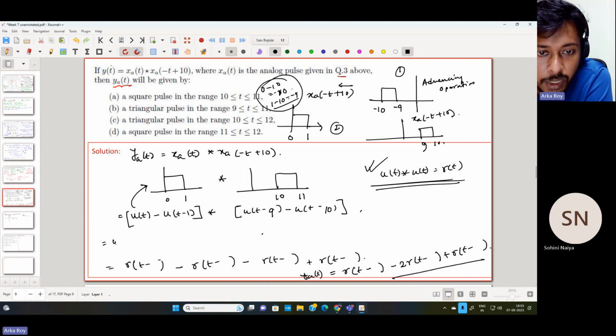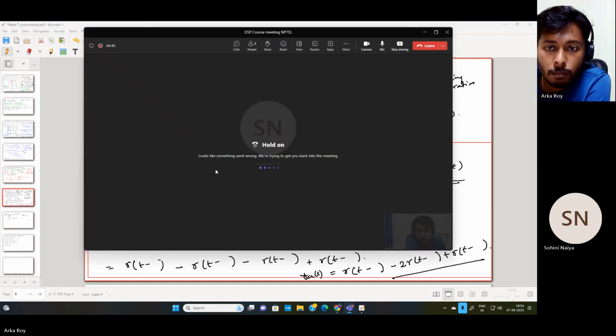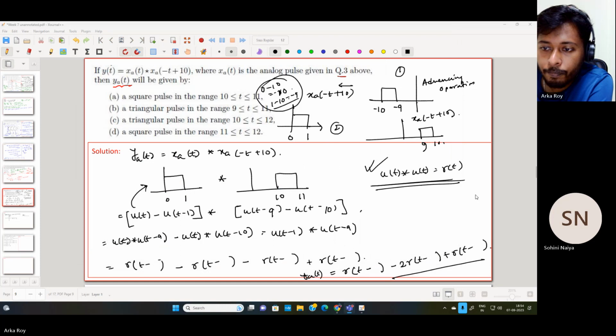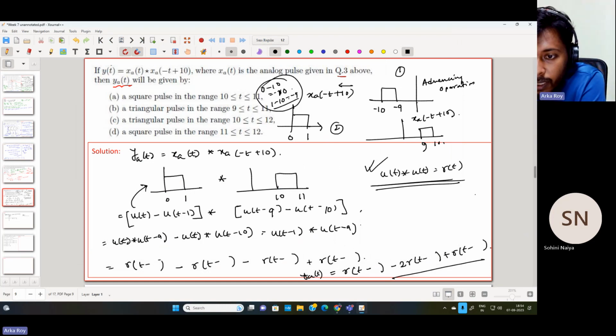So let me just redo the calculation: u(t) convolved with u(t minus 9), then u(t) and then finally u(t minus 1) convolved with u(t minus 10).